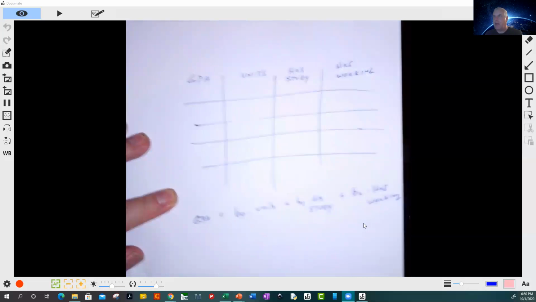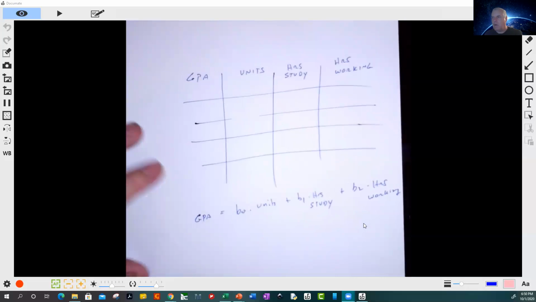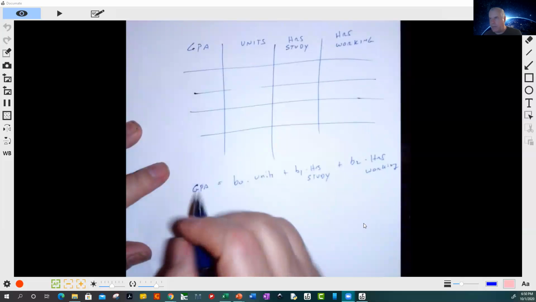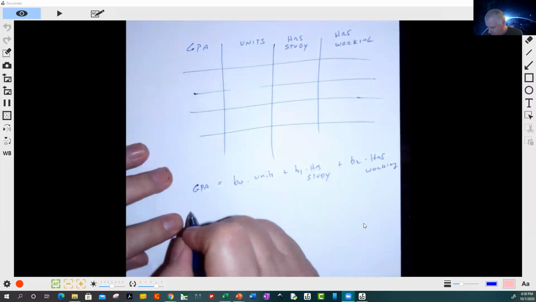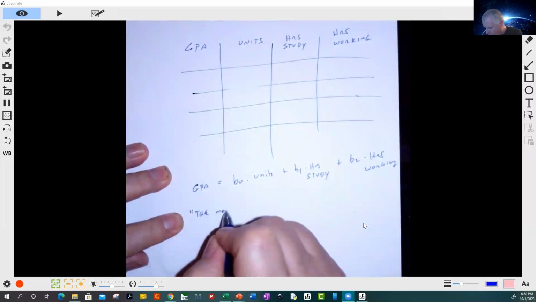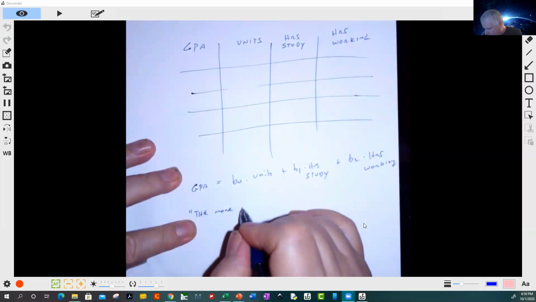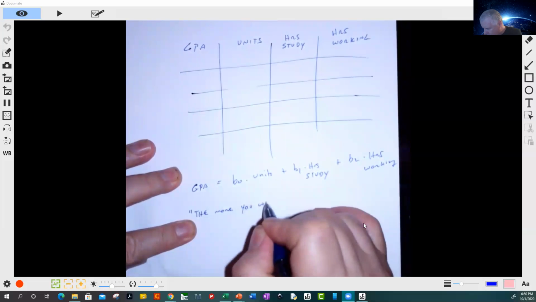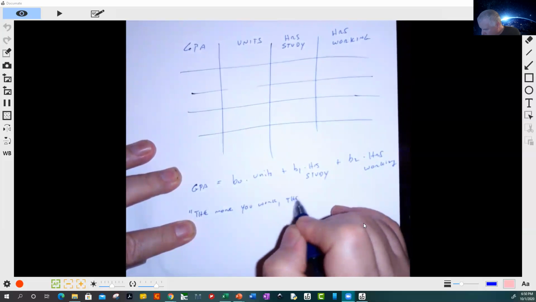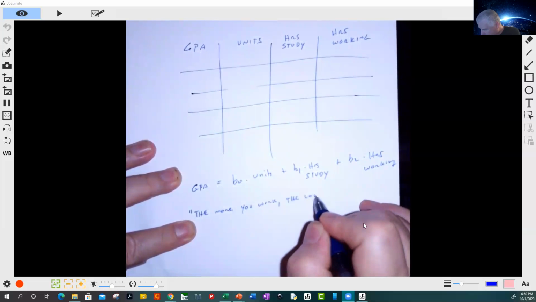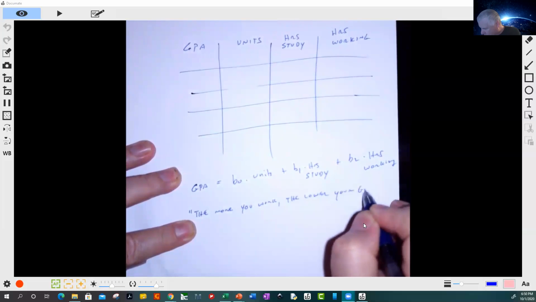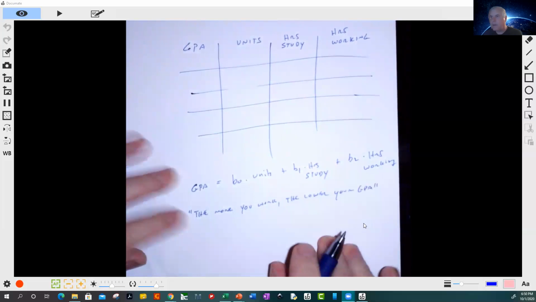Right? And let's just stipulate for now that the more you work, the lower your GPA, right?